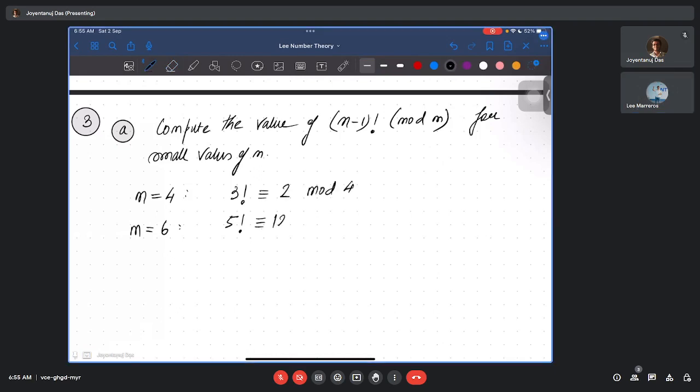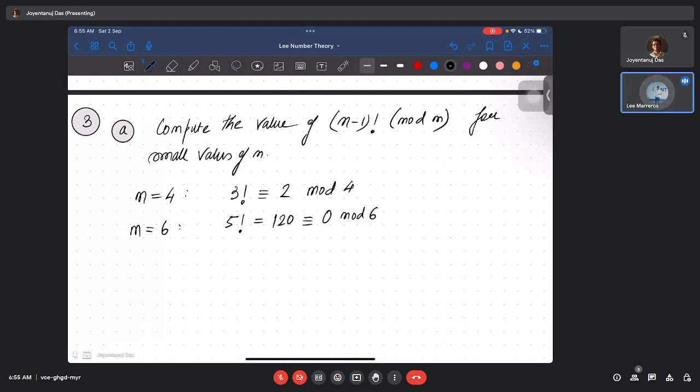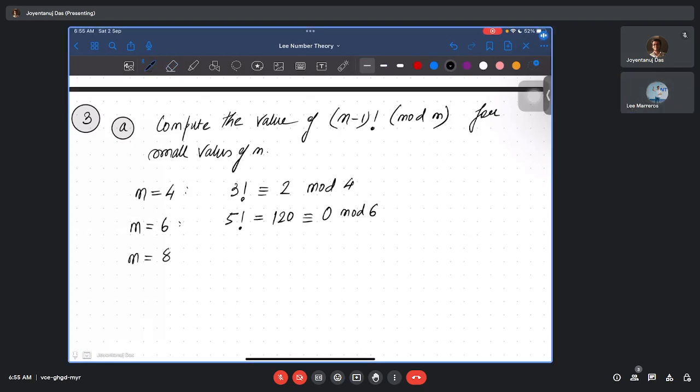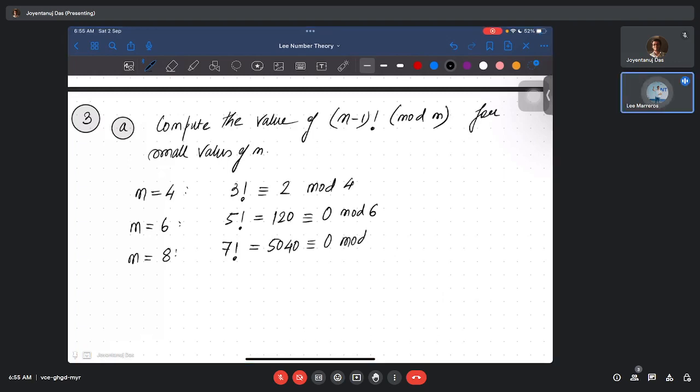So this is 120, and 120 is equal to 0, because it is divisible by 6, right? Now if m equals 8, then I have 7 factorial. I think that is 5040. So that is also divisible by 8, right?